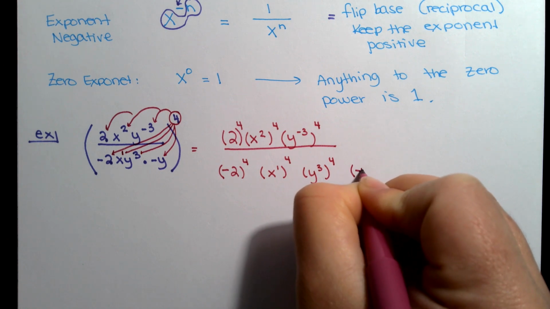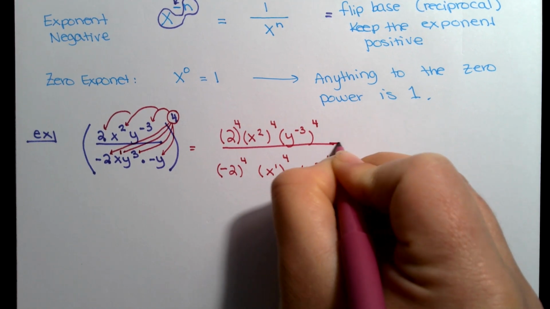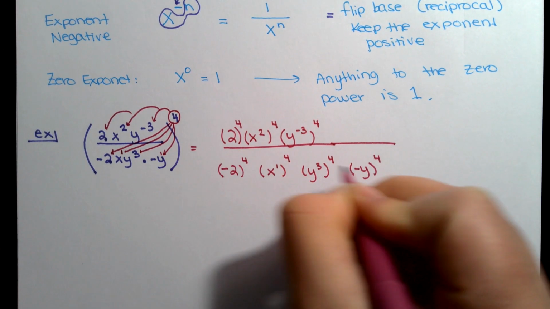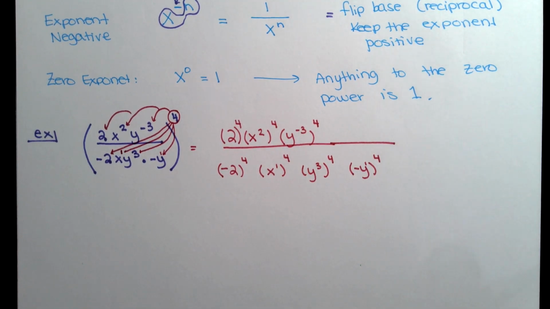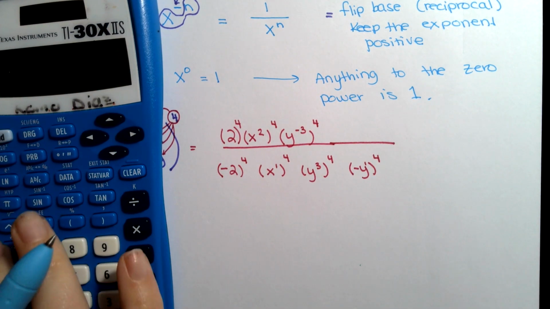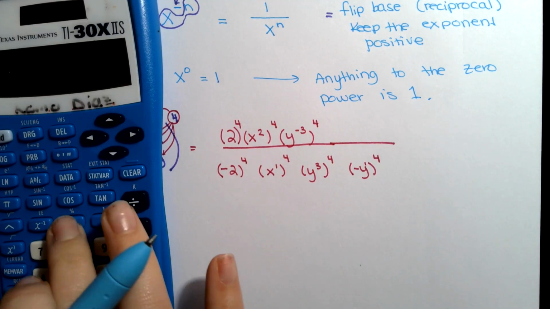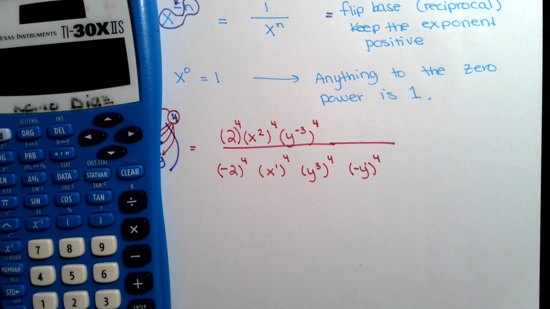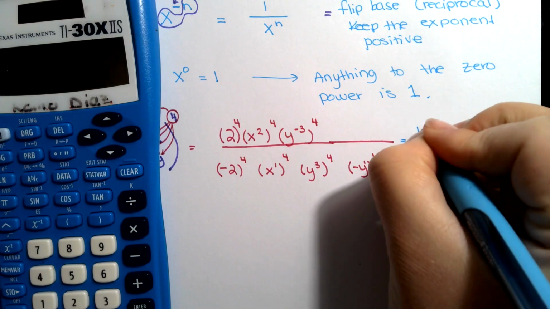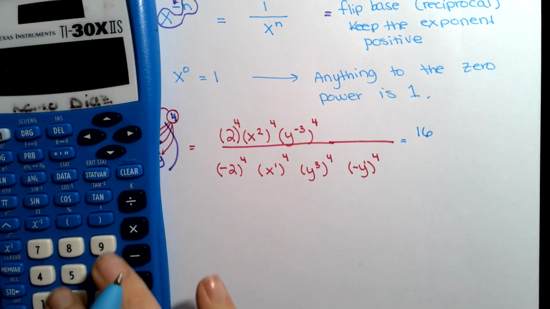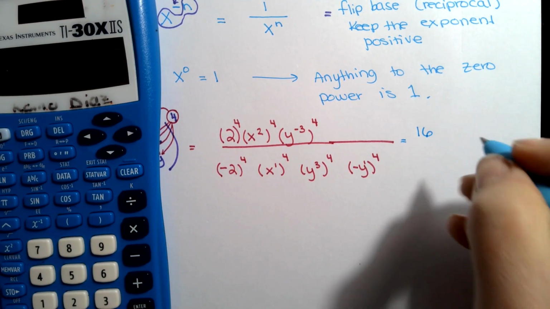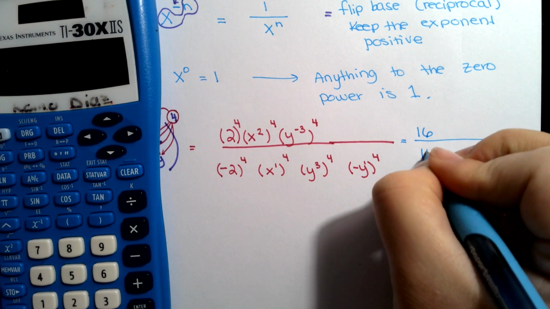And negative y to the power of 4. There should be a missing exponent of 1 here. Now that you have brought in your exponent of 4 onto everything, let's go ahead and evaluate. So we can do things like 2, let's make parentheses, 2 to the power of 4, that's just a number, that's just 16. Negative 2 to the power of 4, also just a number, that is 16.